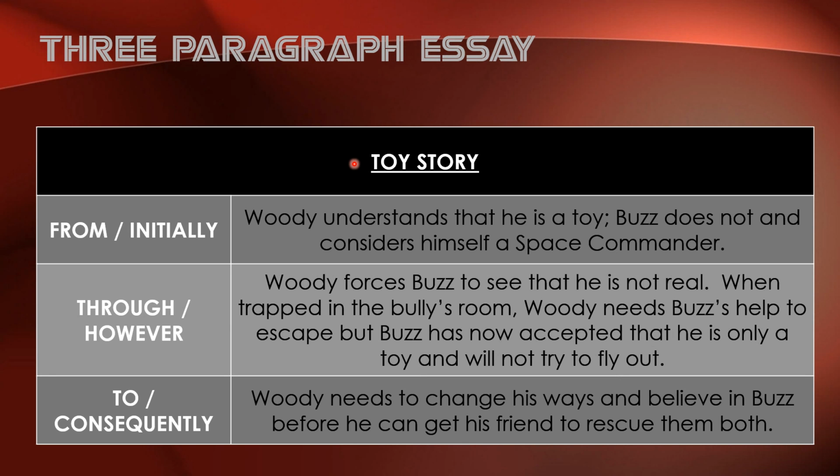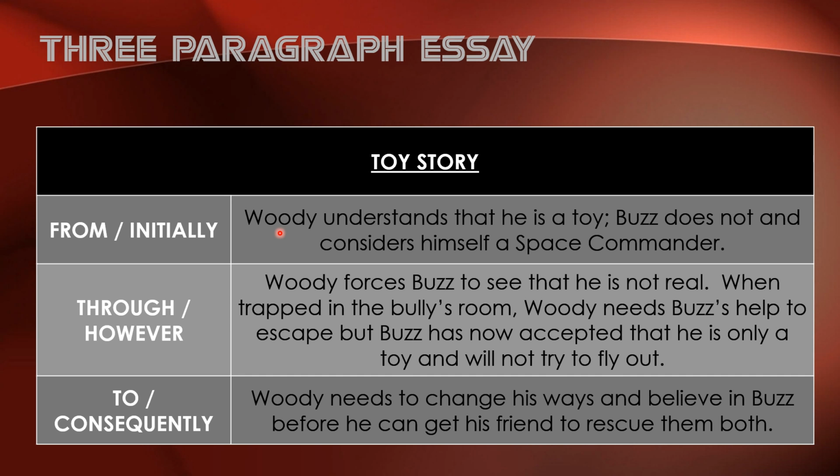So if we take our model of Toy Story, and we look at our evidence here to support how Woody alienates and hurts Buzz, we're going to start from and initially where he comes from. At the beginning of the text, Woody understands that he's a toy. He recognizes that he's king of the toy kingdom, and he has no challengers until Andy receives Buzz Lightyear as a gift.